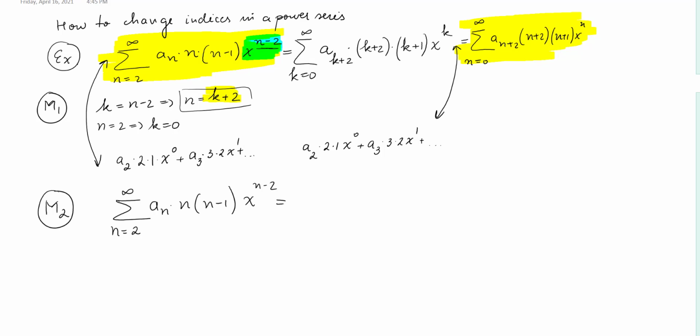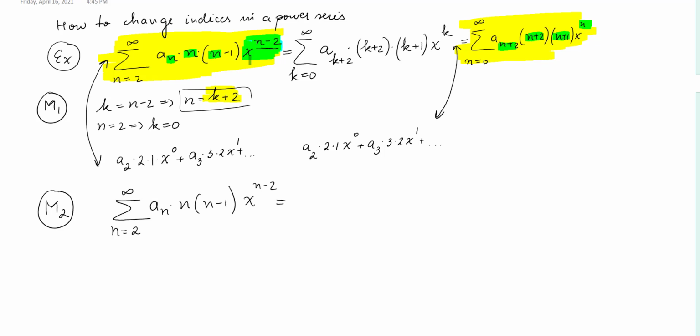When this power here became n, what happened? I added a 2 to my exponent, right? So basically every single n after the summation sign increased by 2, even n minus 1 plus 2, it's n plus 1.